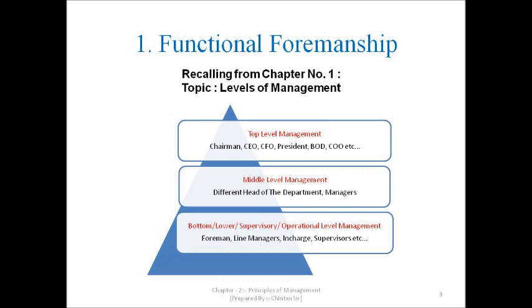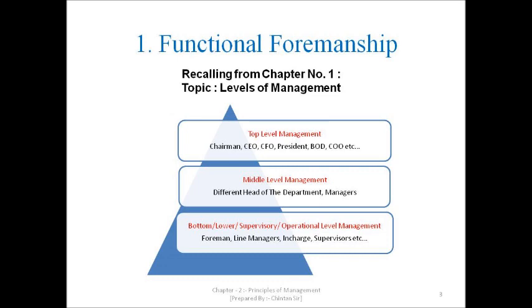Before we go to the first technique, let me recall a topic from chapter number 1, that is levels of management. In chapter number 1, we have seen the different levels of management, where a total of 3 levels were there. Number 1, top level management.